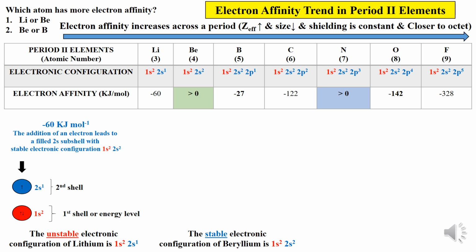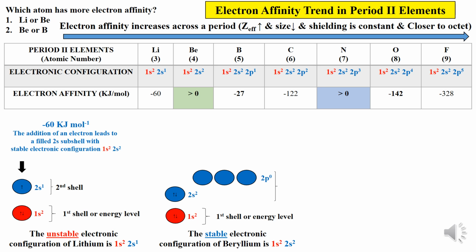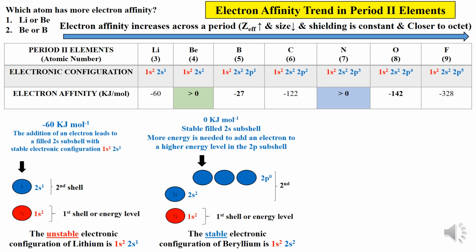Now beryllium already has a stable electronic configuration 1s2, 2s2: 2 electrons in the 1s orbital, 2 electrons in the 2s orbital. So it has a stable, fully filled electronic configuration. Now when you add an electron, you will be adding an electron at a higher energy level.